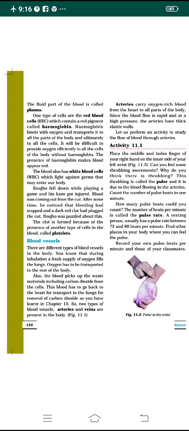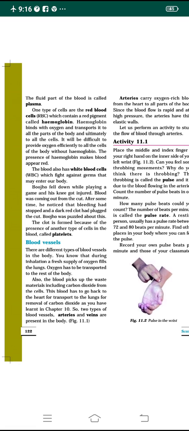The presence of hemoglobin also makes the blood appear red. A question can be asked like this: why does the blood appear red? You might have thought yourself, why is our blood red in color? This is because of the presence of a pigment called hemoglobin. Am I clear in my instruction? Yes, let's move ahead to the next concept.